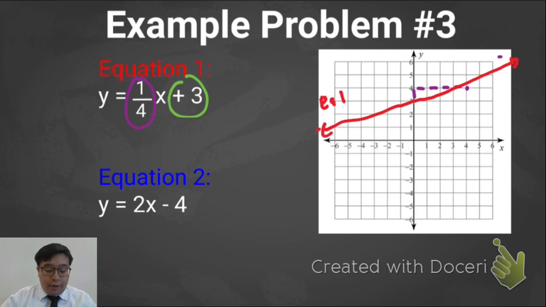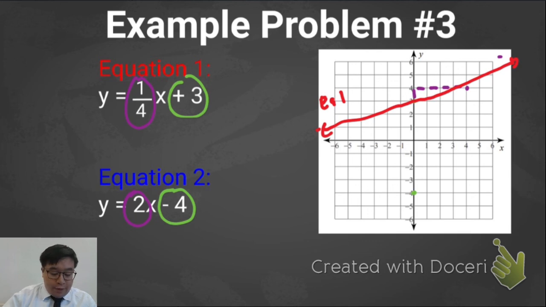All right, taking a look at the next graph. If this is my b value, where should my starting point be? I need to move down 4 spots. So my starting point would be right here. And taking a look at my slope, if my slope is 2, which direction do I need to move to reach my next point?